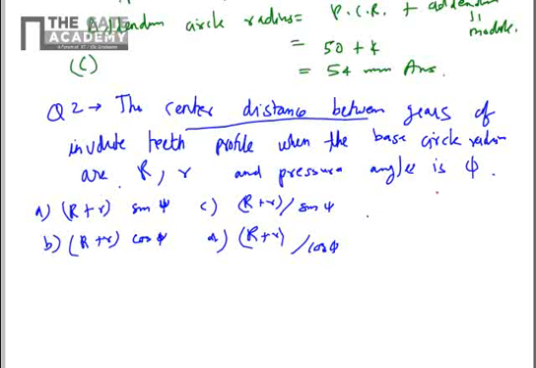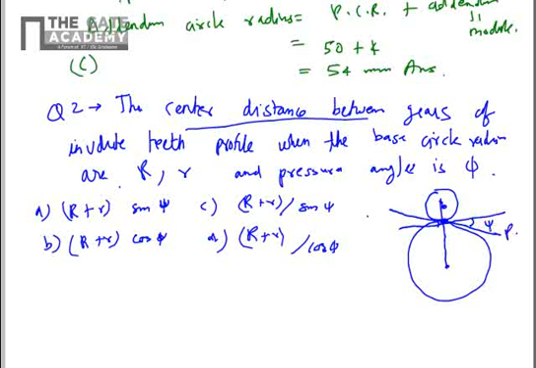For this we have to recall our original diagram for the spur gearing, and calculate the distance between the centers. If you remember, this is the pitch point where both the pitch circles intersect, and then a line at an angle psi to the common tangent is called the pressure line.